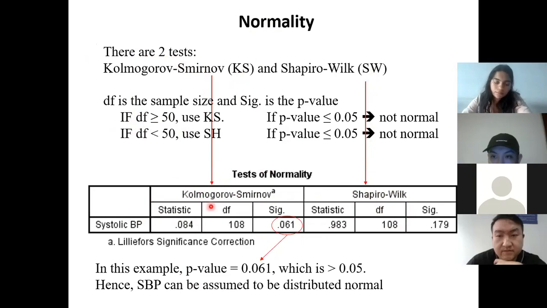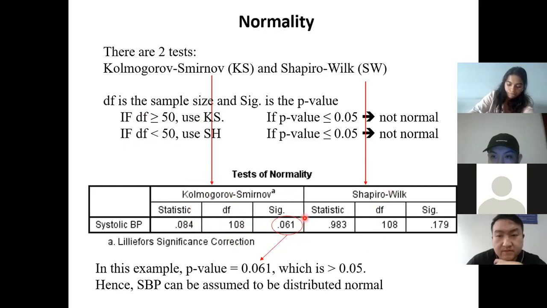The DF is the sample size here. If the DF is more than 50, we say large sample. DF less than 50, we say small sample. Large sample use KS. In our case, 108, which is more than 50, we use Kolmogorov-Smirnov. Less than 50, we use Shapiro-Wilk.